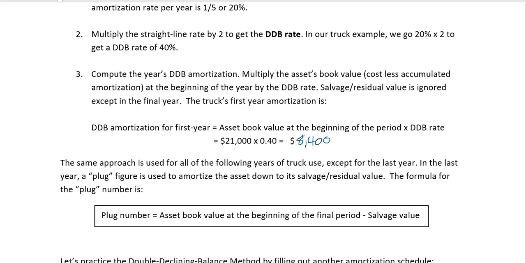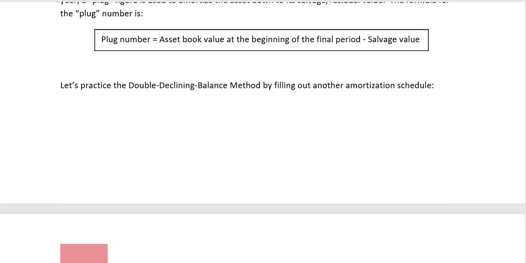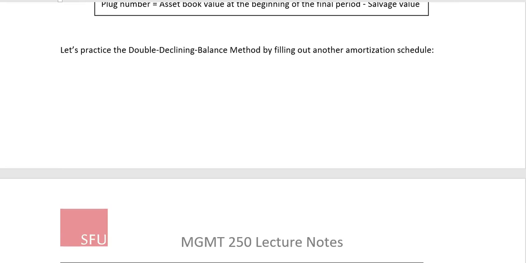It is possible to hit the salvage value in the second last period, or even before that. So keep an eye out on it, right? You don't have to worry about salvage value at the start, but the moment you start getting close, you want to make sure you don't amortize past the salvage value or leave a significant amount in the final period, or any amount in the final period above the salvage value.